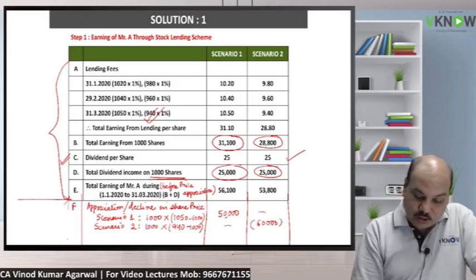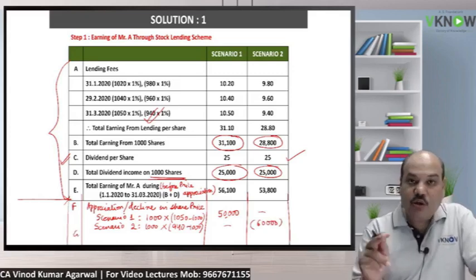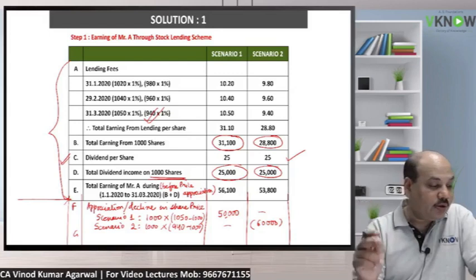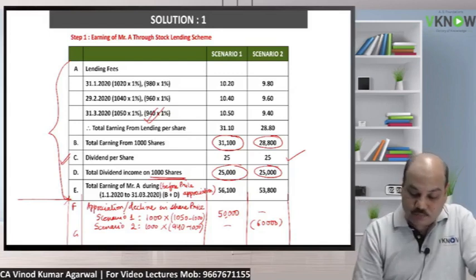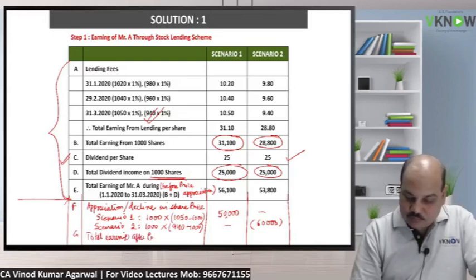So finally, last line, this is not written in the material. That is why I said note down the answer. Total earning after considering price change.